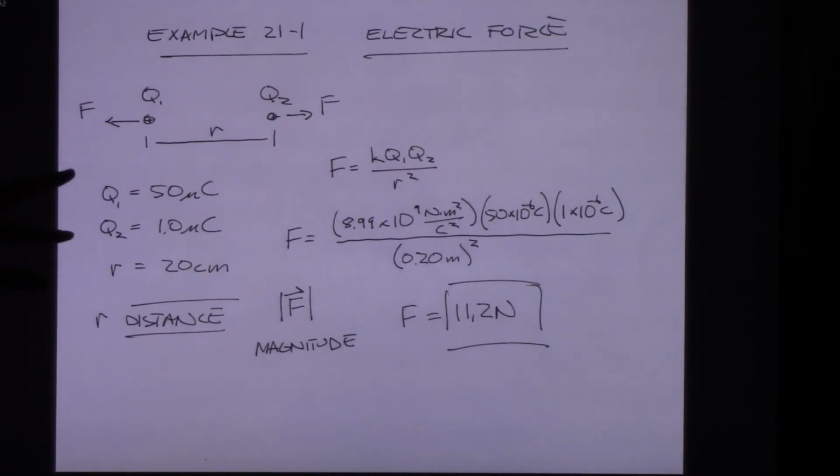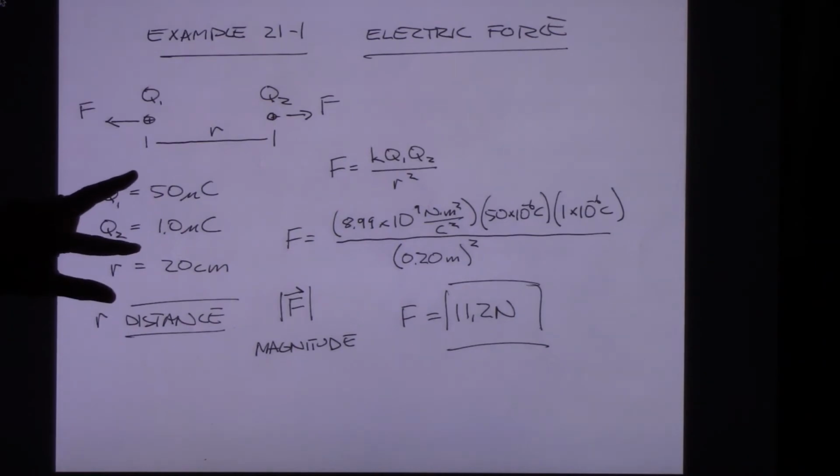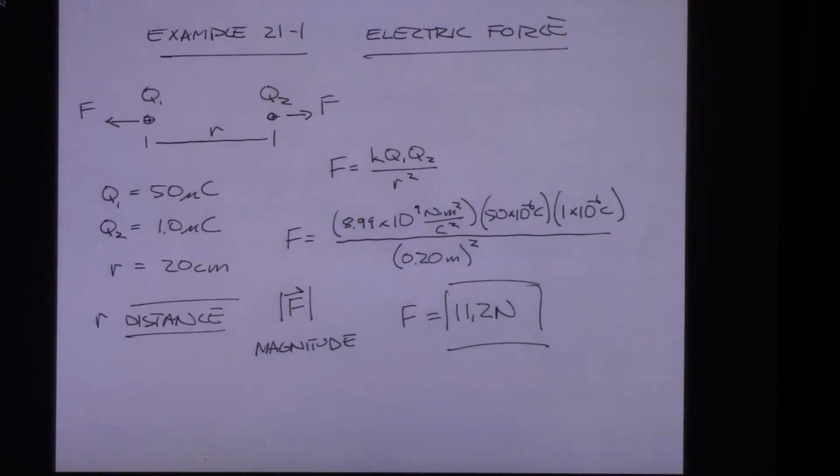All right, I've written down the two charge quantities, 50 microcoulombs and 1 microcoulomb. Those microcoulombs are a reminder that it's unusual to have an entire coulomb of charge show up on just one object. We tend not to get an entire coulomb concentrated in one location.